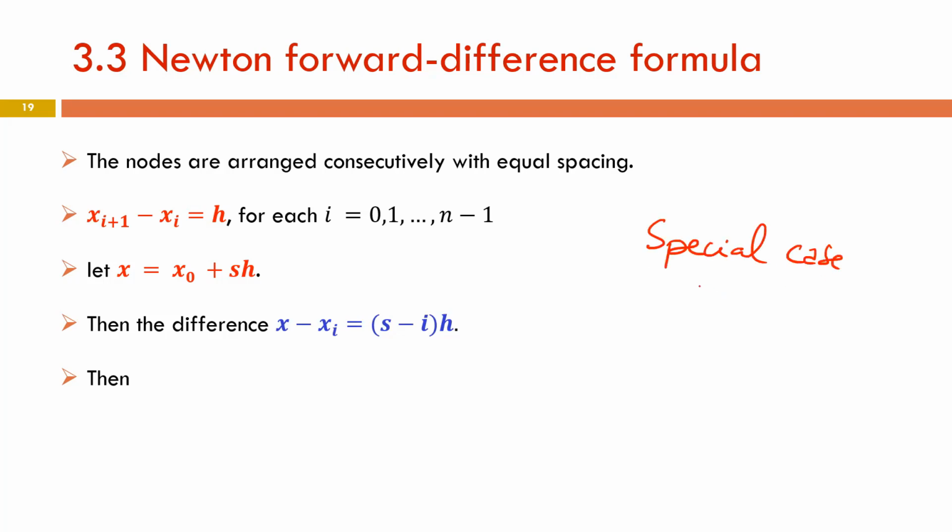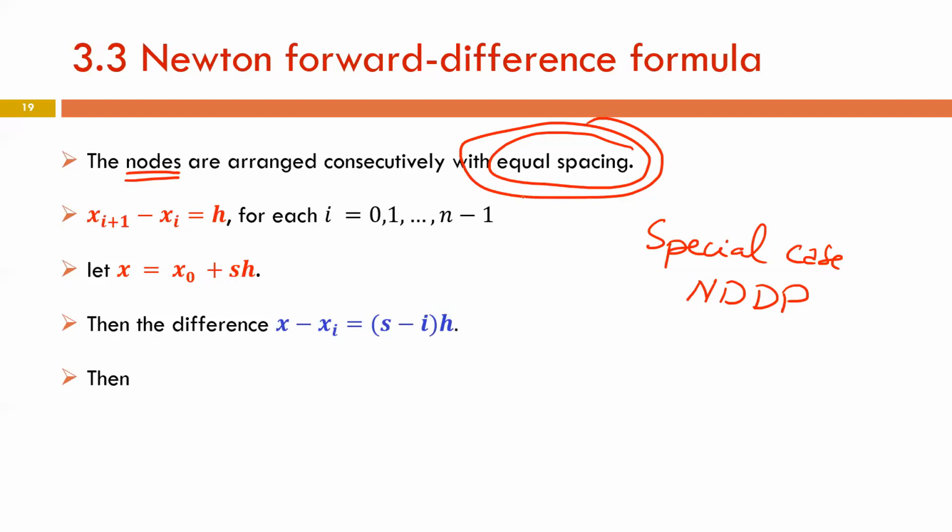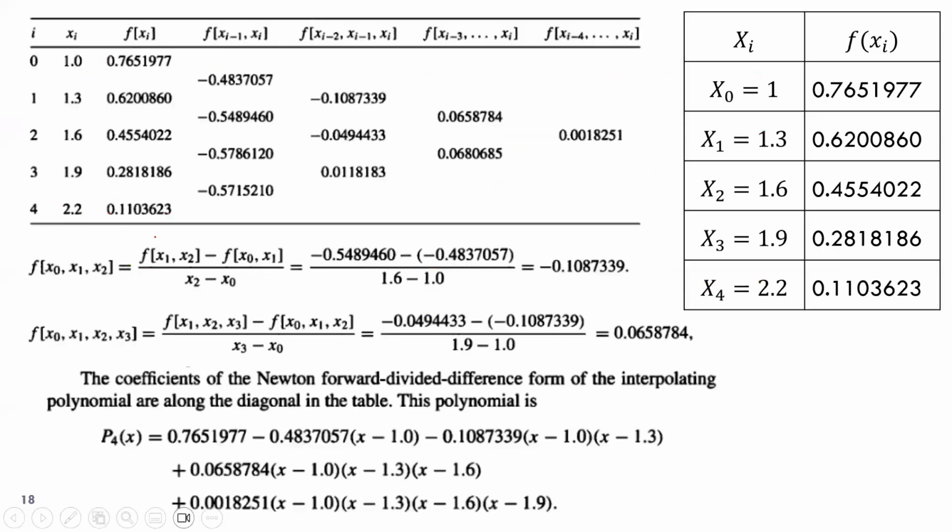We will study a special case for NDDP. What is the special case? When the nodes, when the points xi's are equally spaced, which means that the distance between two consecutive points is constant h, like in the previous example.